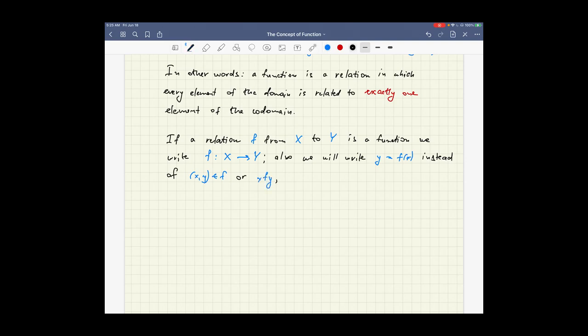Here, of course, x is in X and y is in Y.